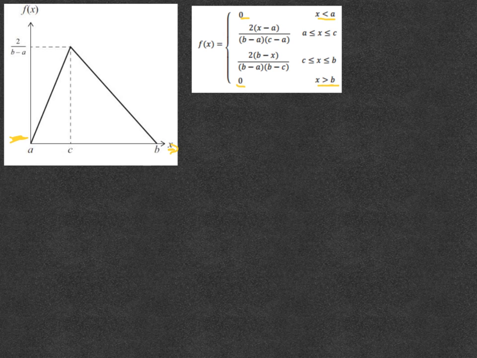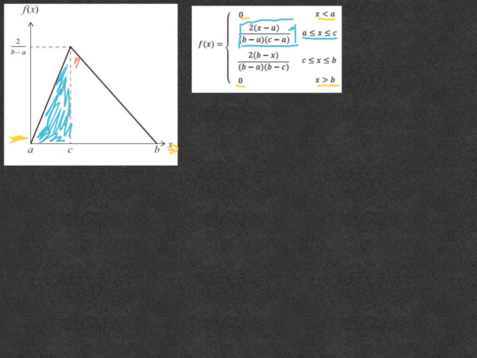The two parts of the equation we're interested in is this first part here, where X is between A and C. So that's that part of the triangle there, that half. So between the minimum to the mode, we would use this formula that I've highlighted in blue.